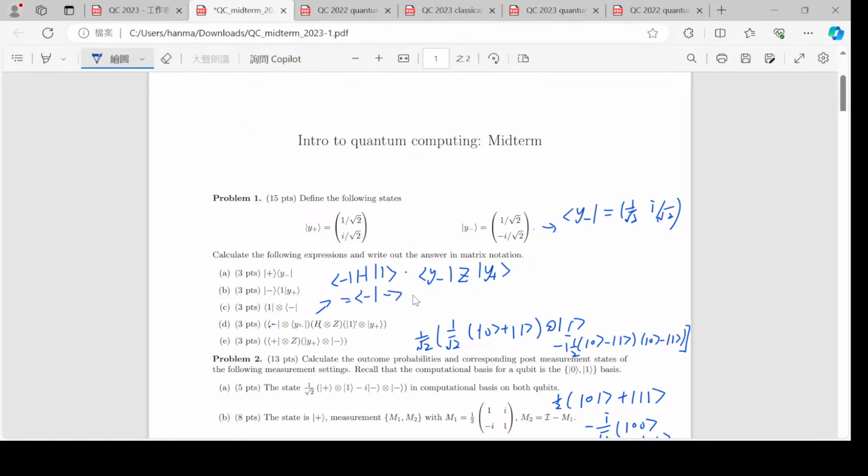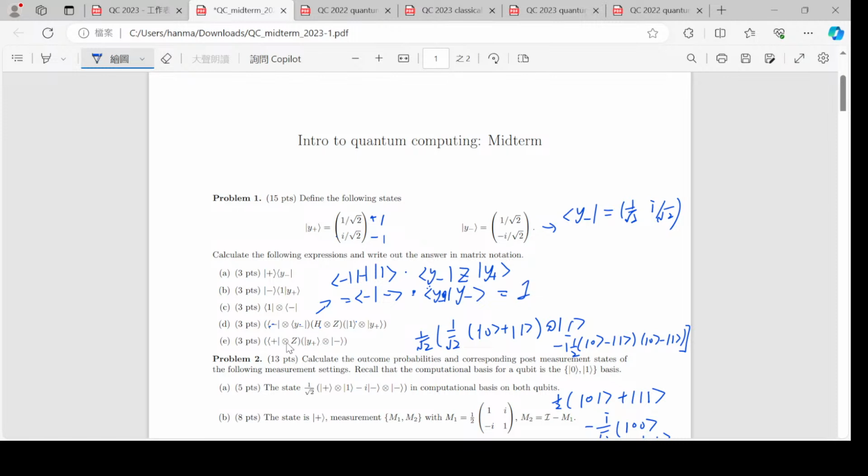I believe this answer is 1. And then y minus, z, y plus. So z actually swaps z plus and z minus, but that's just okay. The y minus here, you can just read off. You apply z on here, so the first one gets times plus 1, the second one gets a minus sign. So this minus i becomes minus i. So this y minus, and the y minus is a normalized state, so this is just 1.